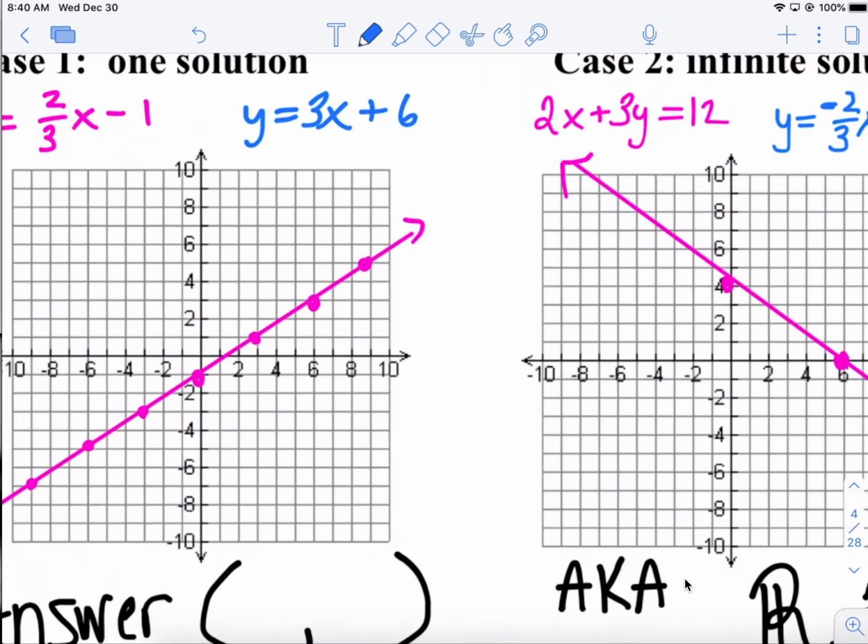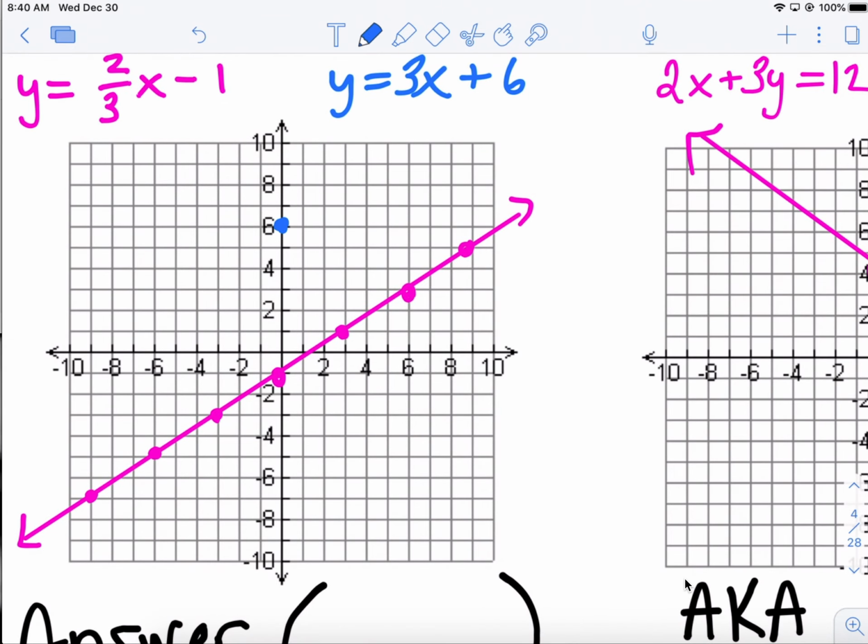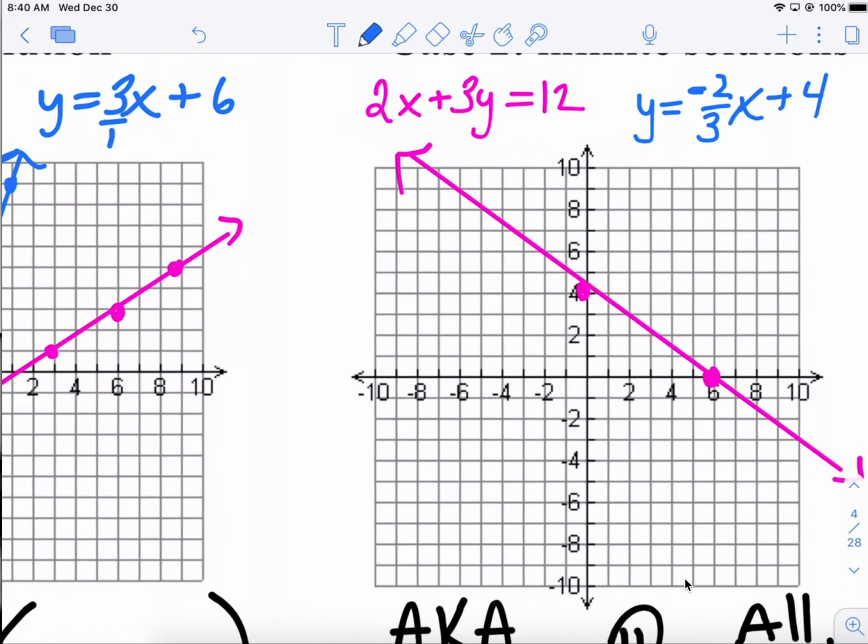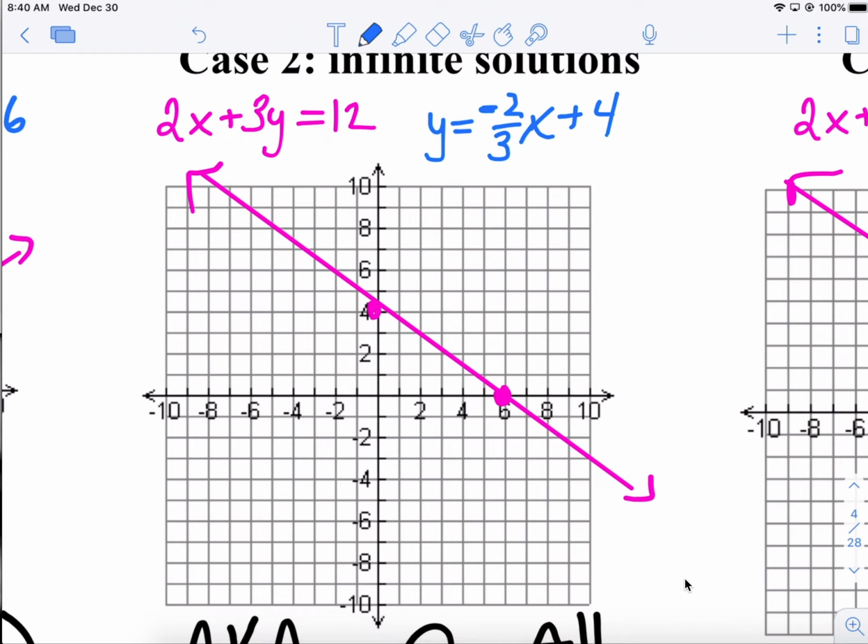On my blue one, I'm going to be starting at 6. Remember, 3 means 3 over 1. If I follow that all the way down, the goal is that you land on a point in common. Okay. Let's look at the second problem. This one I would begin at 4.